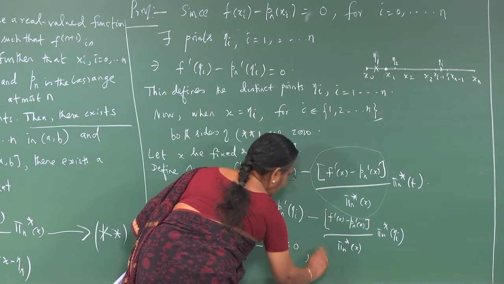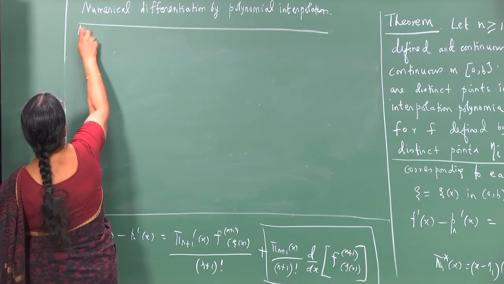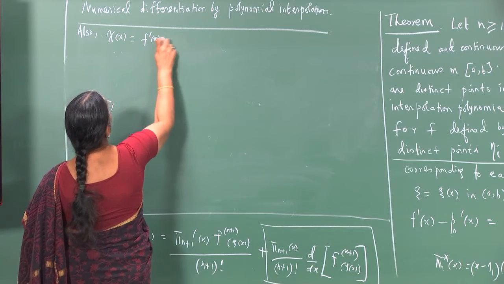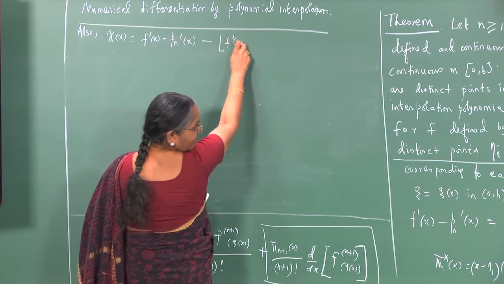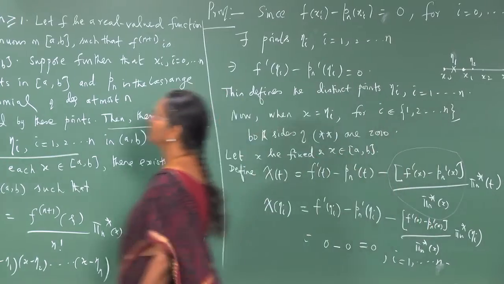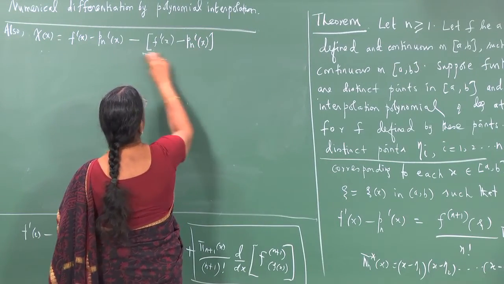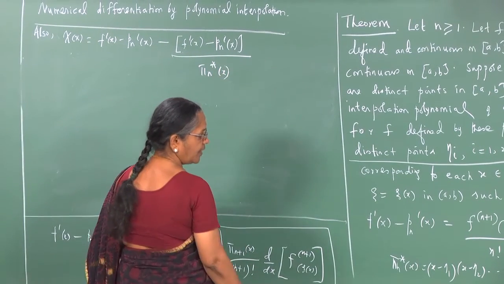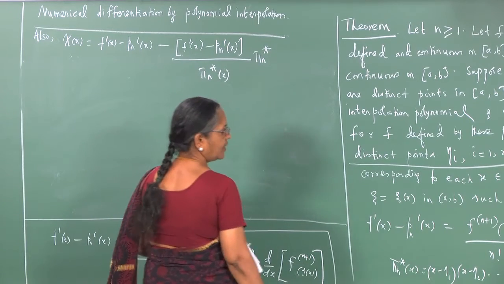For what values of i? i is equal to 1, 2, 3 up to n. So, let us find out what is chi at x. It is f dashed of x minus p n dashed of x minus f dashed of x minus p n dashed of x by pi n star of x into pi n star at x.